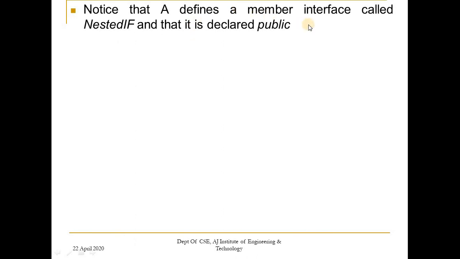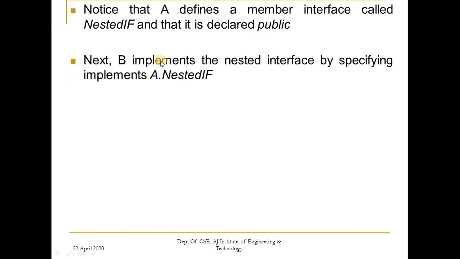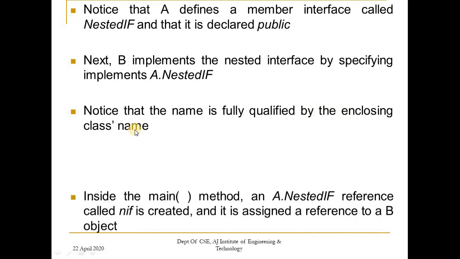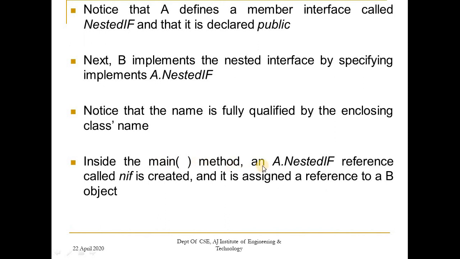Notice that A defines a member interface called nested if, and that is declared as public. Next, class B implements the nested interface by specifying implements A dot nested if. Notice that the name is fully qualified by the enclosing class name. Inside the main method, an A dot nested if reference called NIF is created.